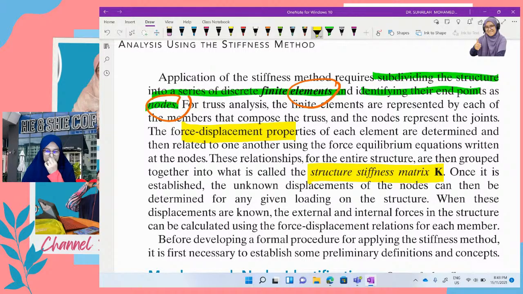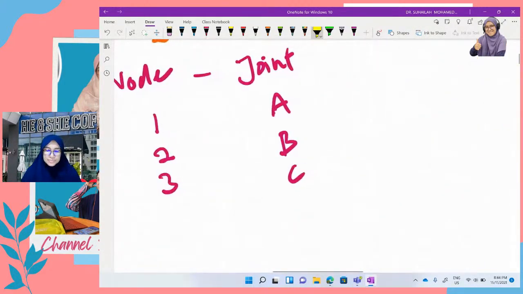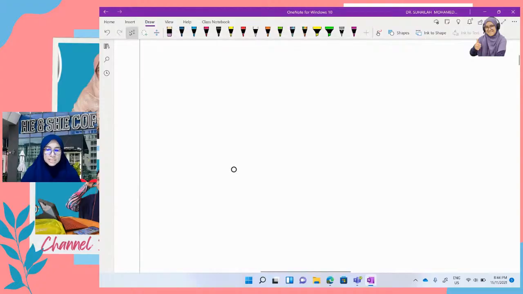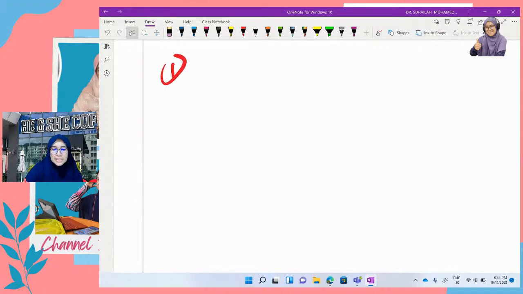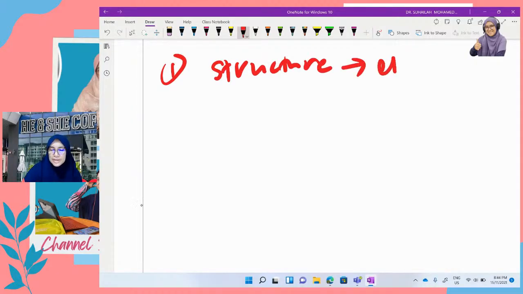So in the stiffness matrix method, what we need to understand is that we need to divide the structure into elements.